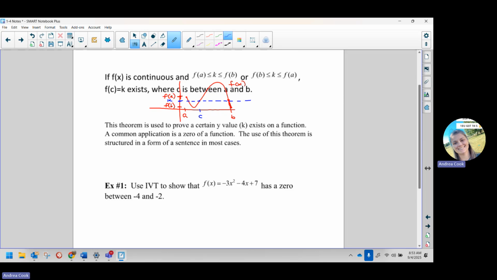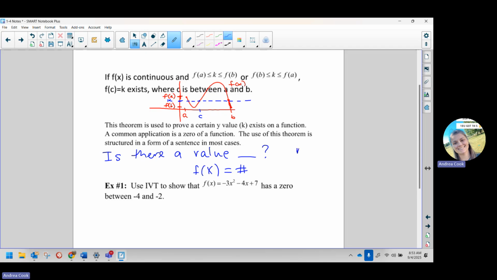Usually it will ask, is there a value, or it might say, is there where f of x equals some number?